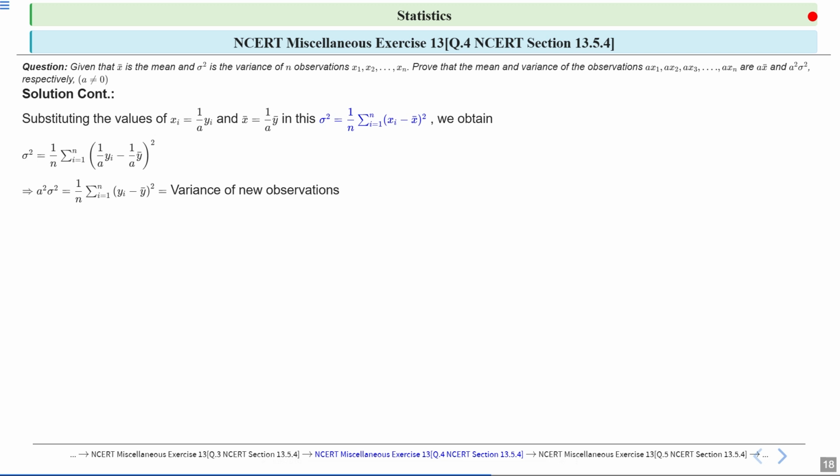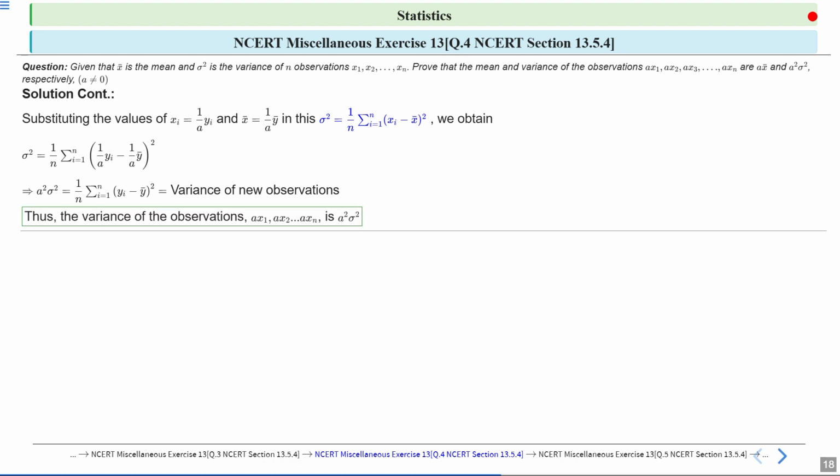It implies a squared times sigma squared equal to 1 divided by n times summation from i equal to 1 to n of (yi minus y bar) whole squared. And this is the variance of the new observations. Thus, the variance of the observations ax1, ax2 up to axn is a squared times sigma squared.